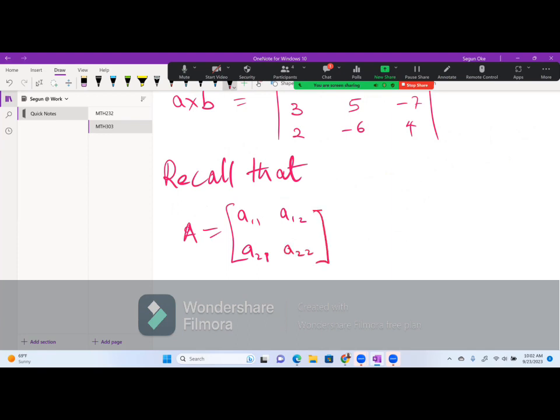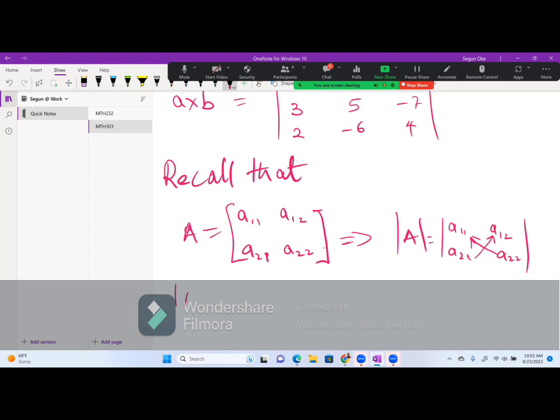They ask us to find the determinant of A. The determinant will be this multiplied by this minus this multiplied by this.